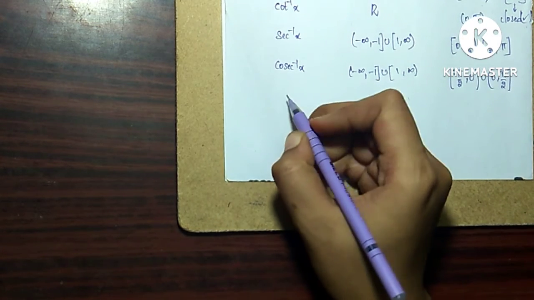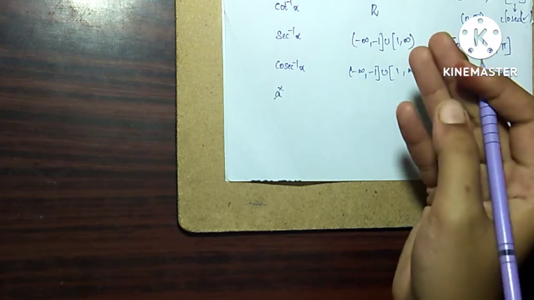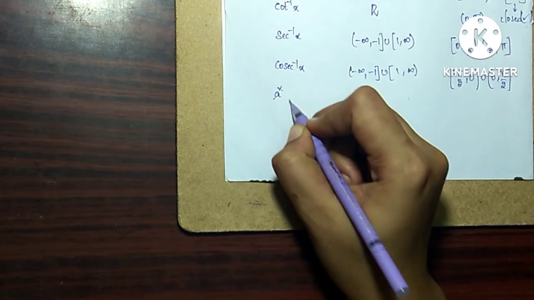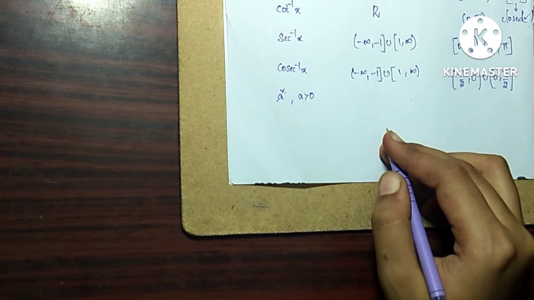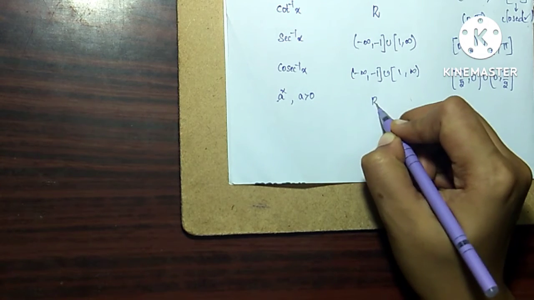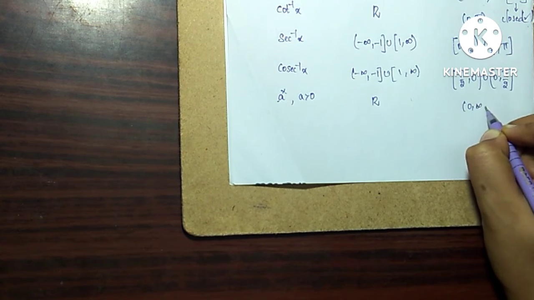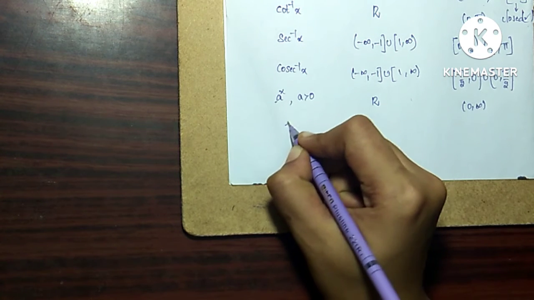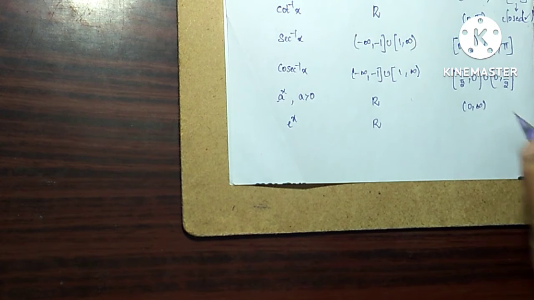Now we will see exponential functions, that is a power x, e power x, log x base a. First, a power x where a is greater than 0: the domain is the real numbers and the range is open bracket 0 comma infinity open bracket. For the exponential function e power x, the domain is the real numbers and the range is 0 comma infinity.